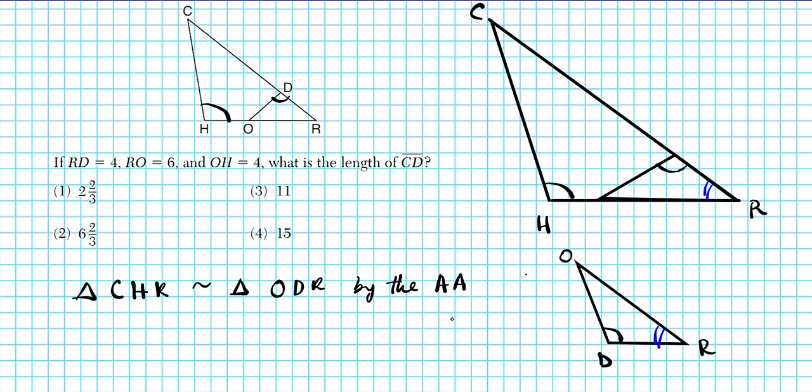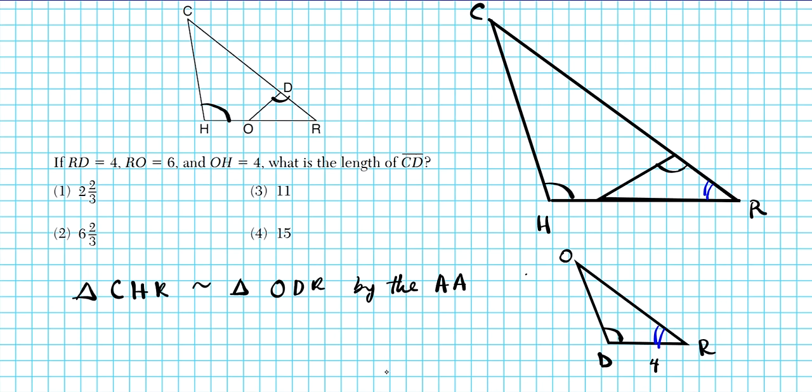Now that we have similarity, we want to set up ratios. The reason why I configured them in the same orientation is we want to make sure that corresponding sides are in proportion. We're asked to find CD. Let's put in the measures that we know. We know that RD is 4, so that's 4 right here. Let's do RO first.